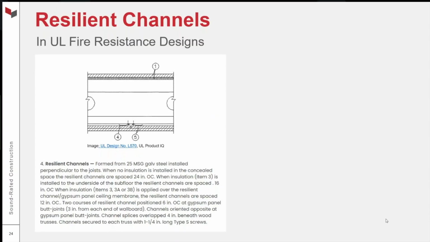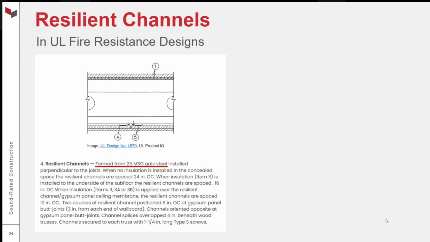When those joists might be moving, shifting, charring, the resilient channels keep the gypsum ceiling intact, and that is the primary fire-resistive barrier. So over the years, in UL fire resistance designs, for floor ceiling assemblies especially, you see these resilient channels come up a lot.